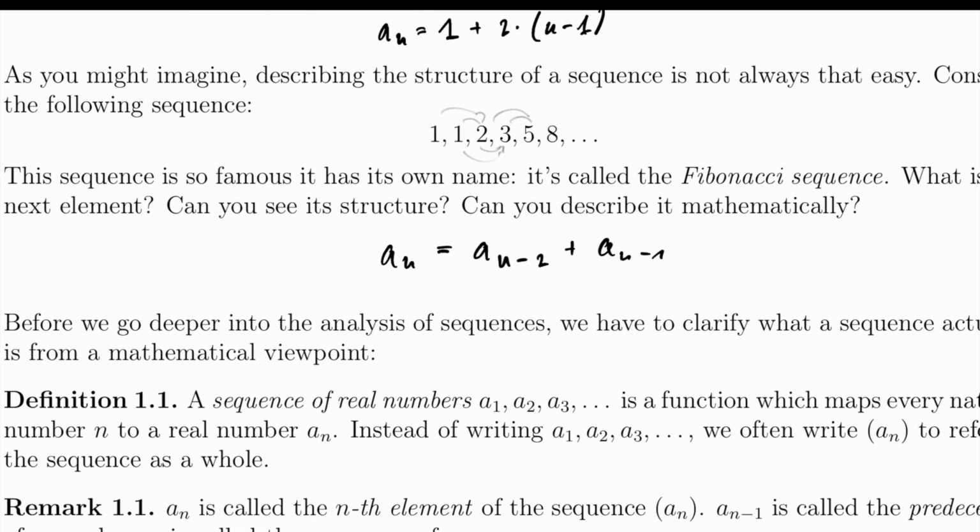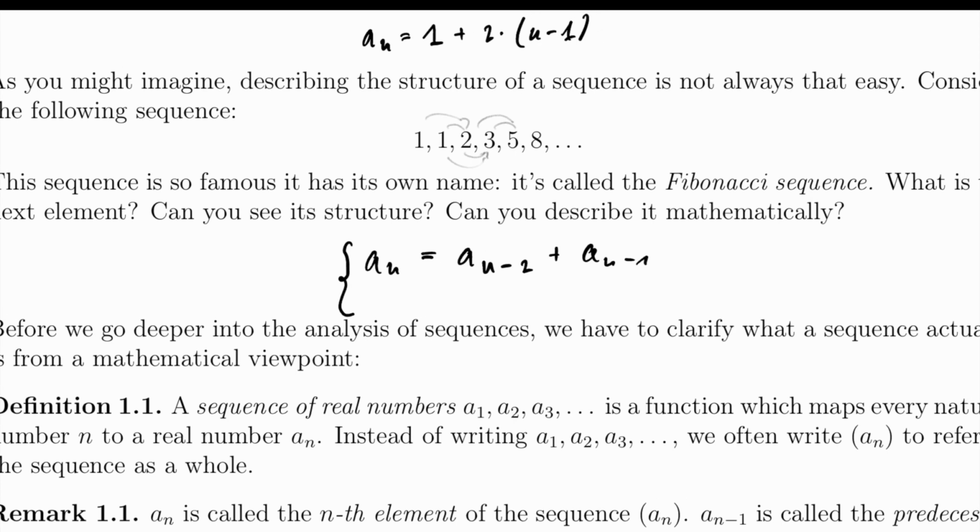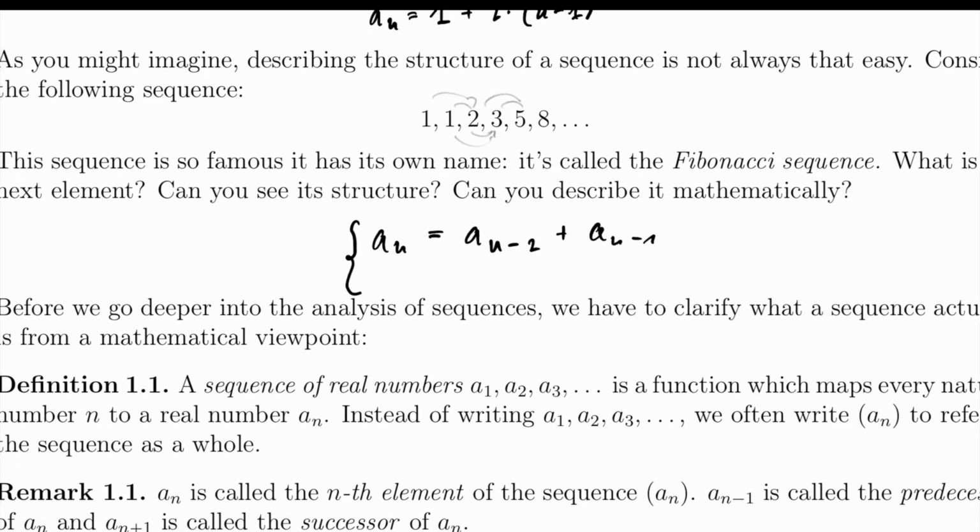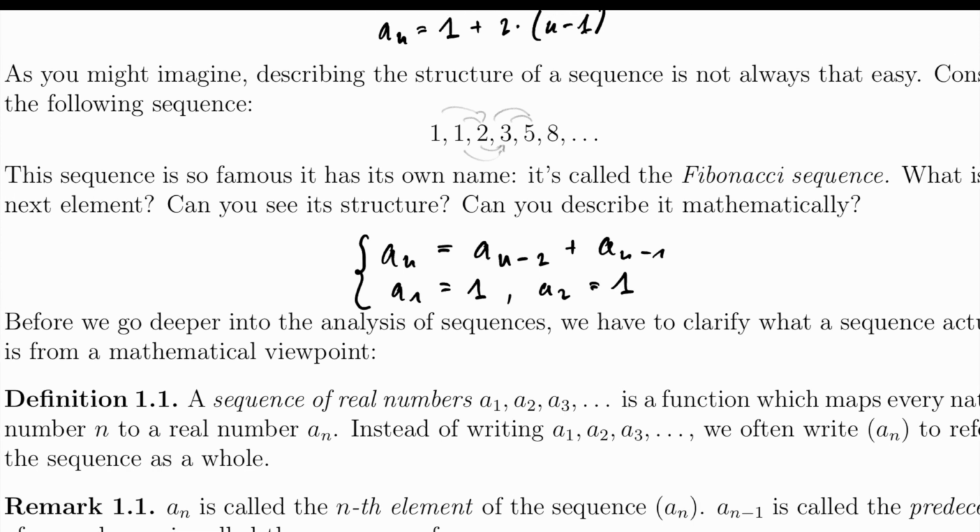Now, we realized in class that this is not enough to describe the sequence, because where would you start? If you want to start now with actually giving elements of that sequence, you could start at 2 and 4 as a1 and a2 or anything. So we actually have to say that our first element is 1 and our second element is 1 as well.